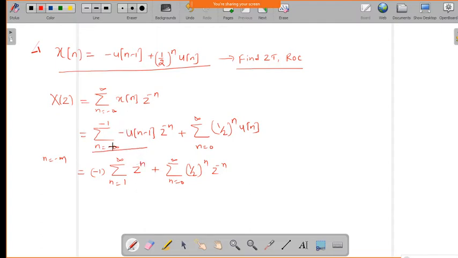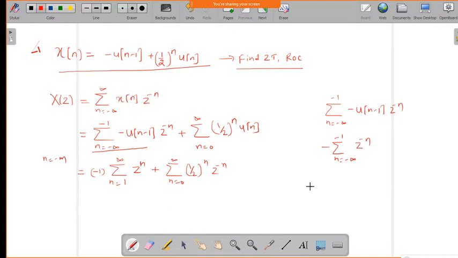Is this understood, or shall I explain this one also? Anybody, is it understood? If you take the summation n equal to minus infinity to minus 1 of minus u of n minus 1 into z power minus n, u of n minus 1 will become 1, so it is equal to minus the sum for n equal to minus infinity to minus 1 of z power minus n.